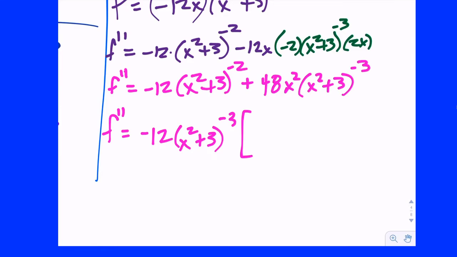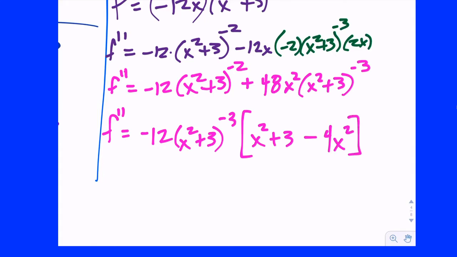Of course, we have a 1 left on the negative 12, but we are left with some residual x squared plus 3. And remember, to get the new exponent, we do what we started with, exponent, minus what we factored out. So negative 2 minus negative 3 is really negative 2 plus 3, which is 1. So we don't even need parentheses around there. Sweet. And then I have a negative 4x squared.